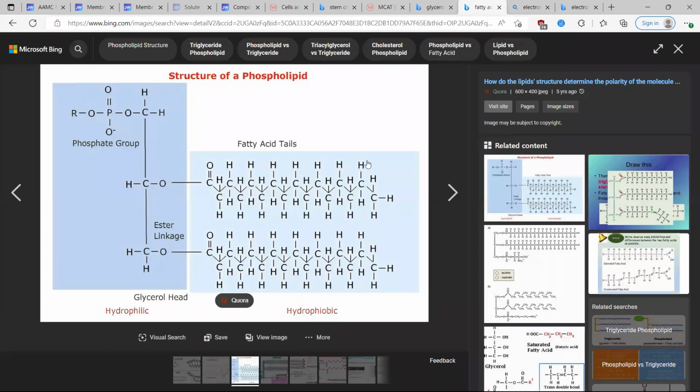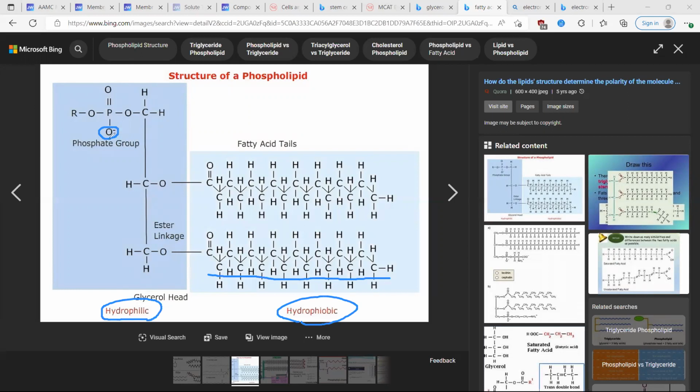But overall, you can see the difference here within a phospholipid itself, because a phospholipid, which is what's being shown here, has a hydrophilic region and a hydrophobic region. The hydrophobic regions are uniform, right? There's no uneven electron sharing. The hydrophilic region has uneven electron sharing. It has a charged oxygen, right?